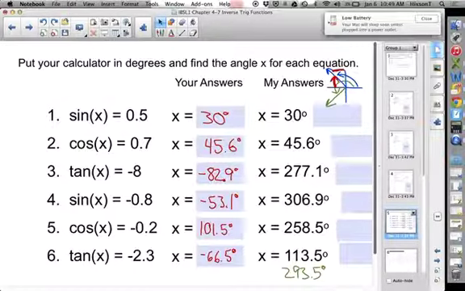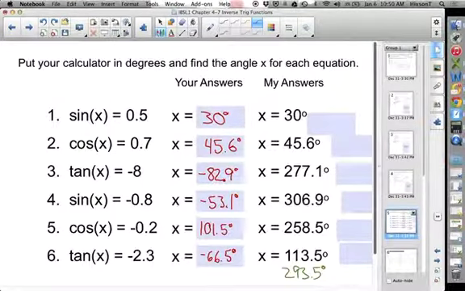Where else is cosine positive, though, Gleb? In the 4th quadrant. So, that 45.6 is our answer from the 1st quadrant, but it's also our reference angle. So, that 45.6, I'll go back up here again.